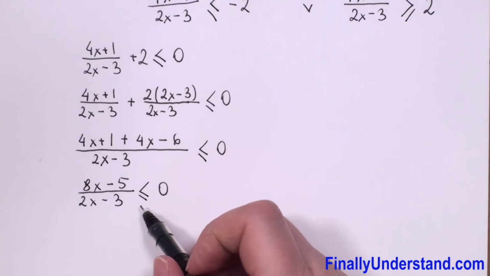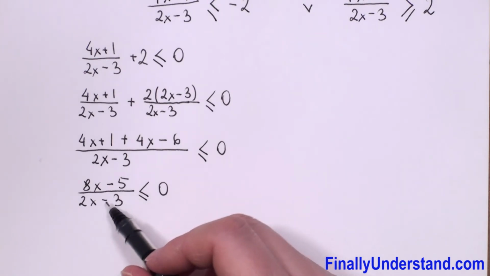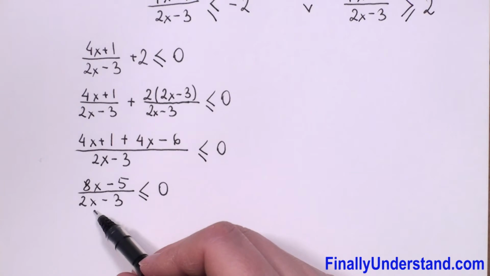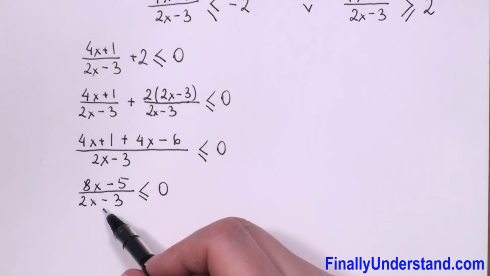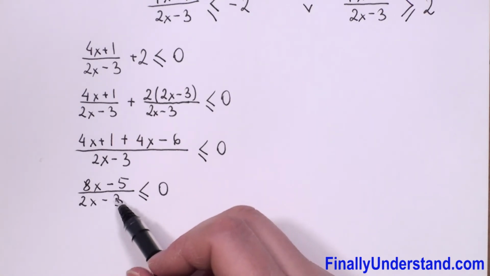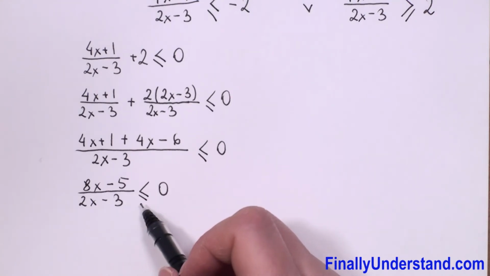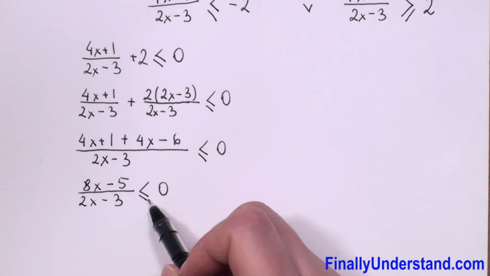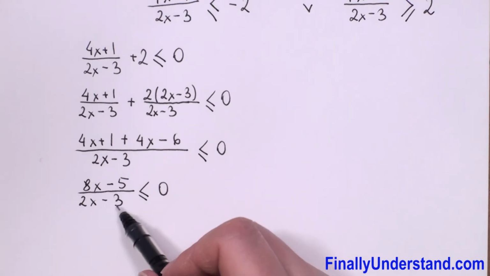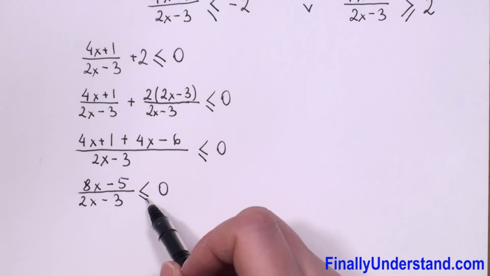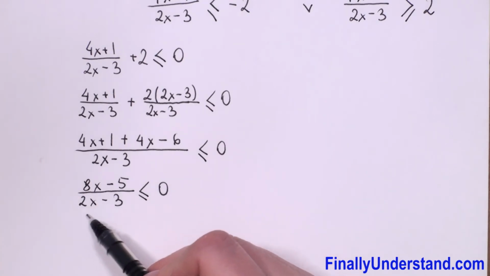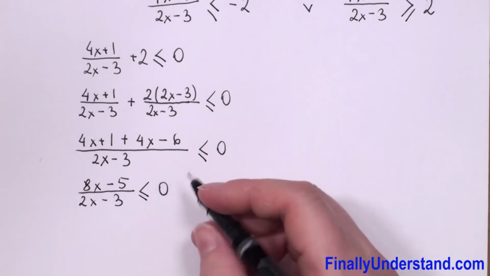Now I will multiply both sides of our inequality by denominator to second power. Why to second power? Because I want to be sure that this number is positive. And why? Because we have inequality. Always when we have inequality, when the number is negative, we have to change the direction of our inequality sign. So to be sure that this number is positive, I take the denominator to the second power.